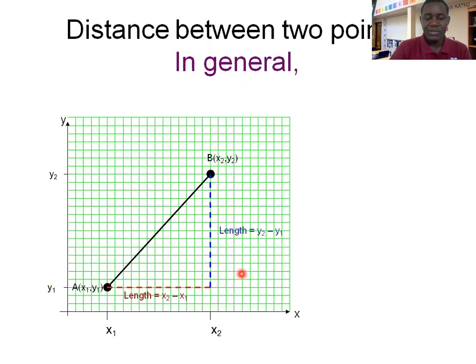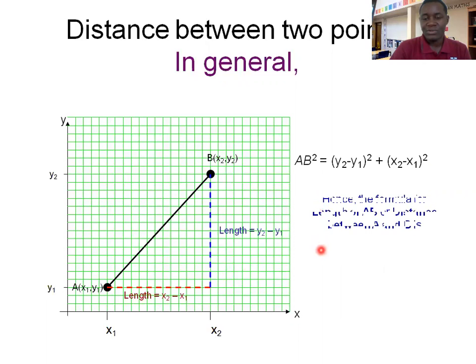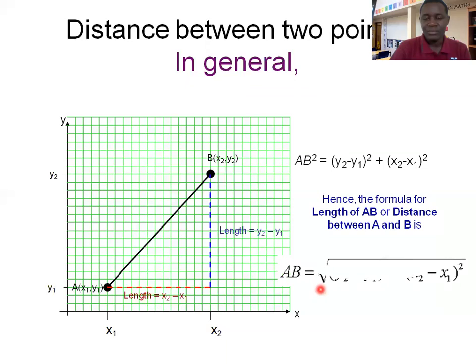So by Pythagoras' rule, the length of AB will be found in this manner. AB squared equals (y2 minus y1) squared plus (x2 minus x1) squared. We take the square root of both sides. That will give us the length of AB, which becomes the square root of (y2 minus y1) squared plus (x2 minus x1) squared.